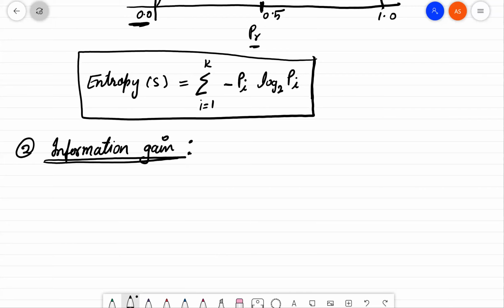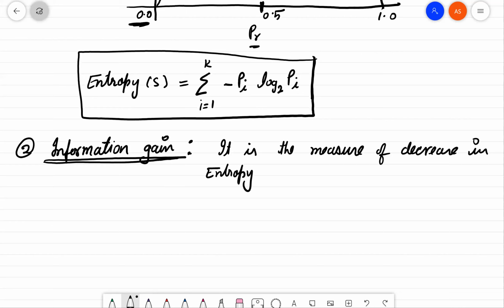What is information gain? It is the measure of decrease in entropy after the data set is split.